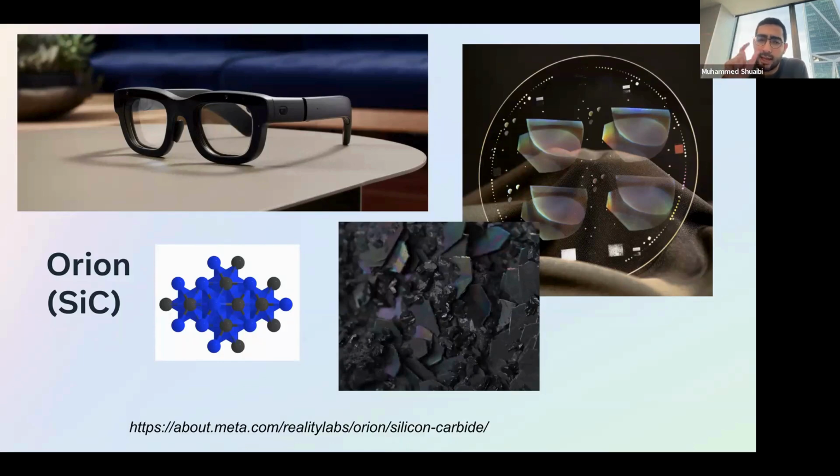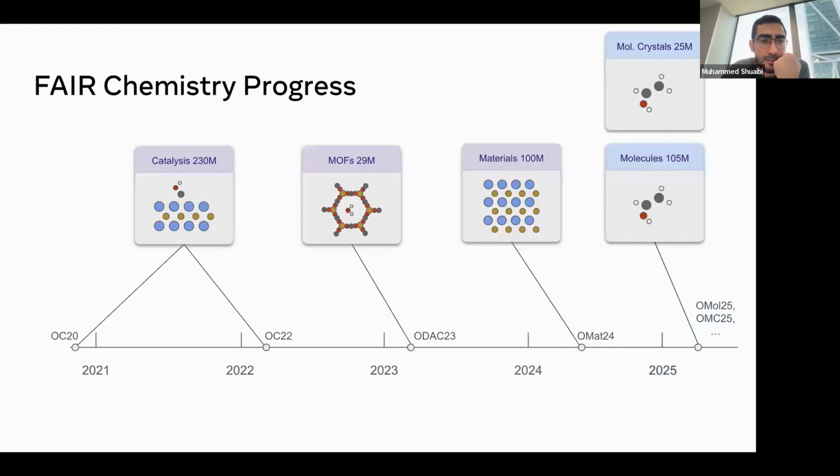And here they use silicon carbide, which is the material inside the lens. And at the end of the day, this is a materials discovery problem. So alongside the open science we're doing, we have internal applications where the same models that I talked about earlier are also used for real products inside the company.